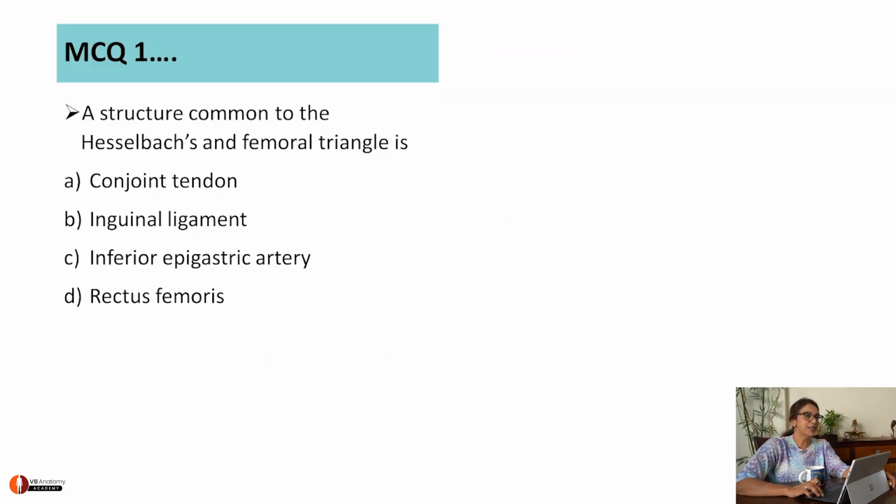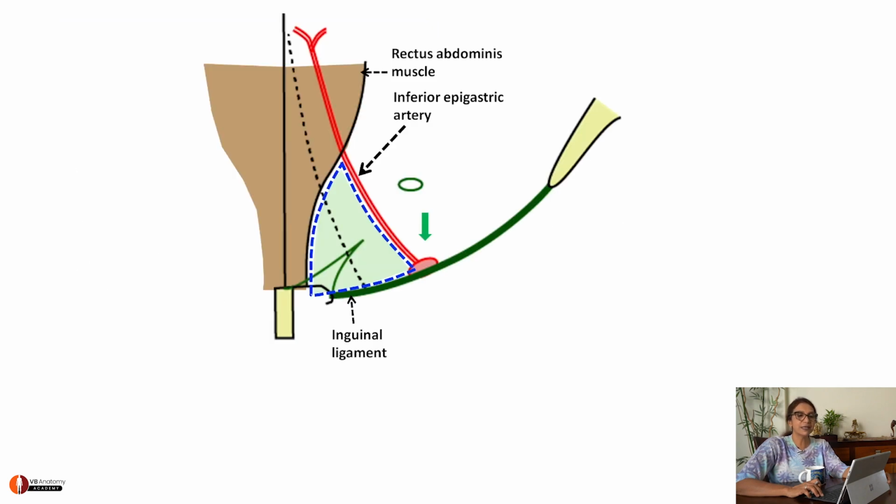Right. So let's go and solve MCQs on this. A structure common to the Hesselbach and femoral triangle is: conjoined tendon, inguinal ligament, inferior epigastric artery, rectus femoris. Close your eyes. Bring yourself back to Hesselbach triangle.